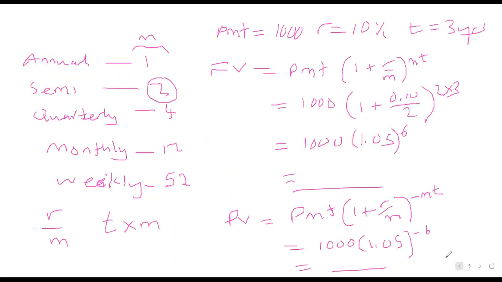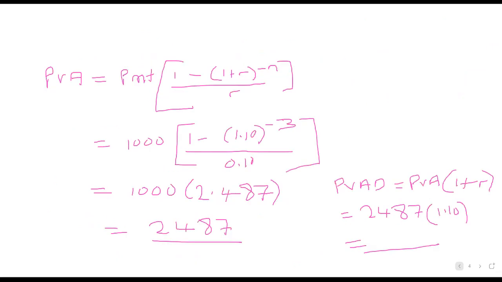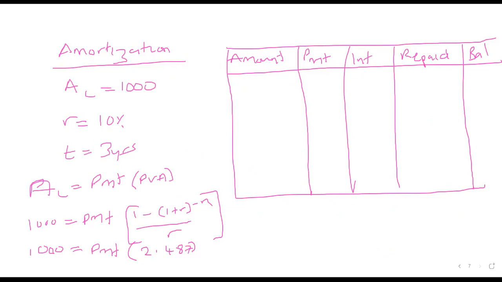Using the same rate, this is the amount that we found, 2.487. So when we divide 2.487 into 1,000, what do we have as our payment?